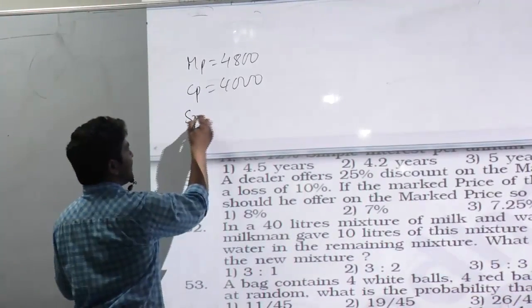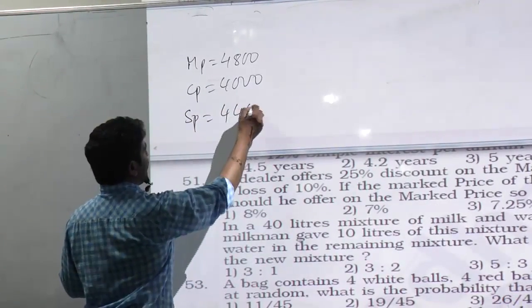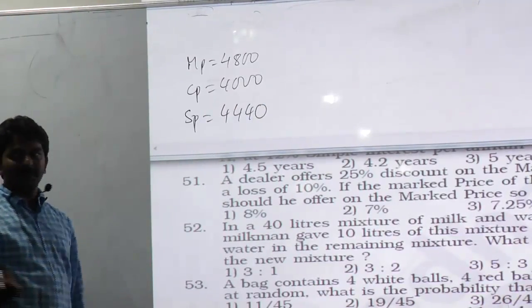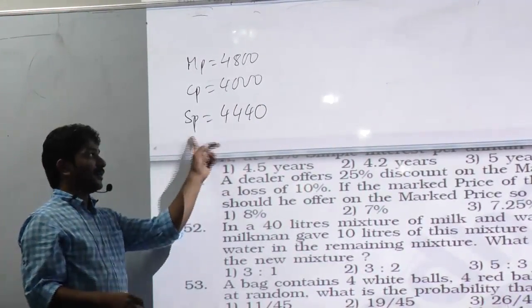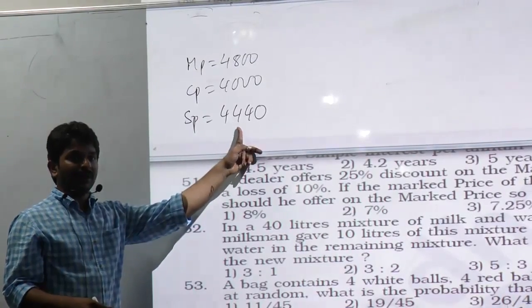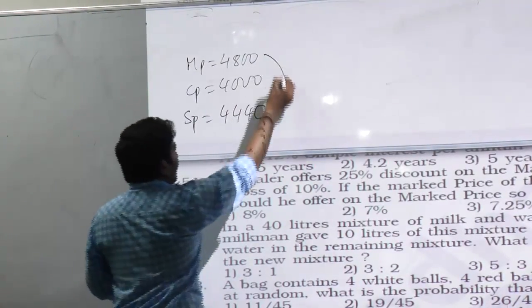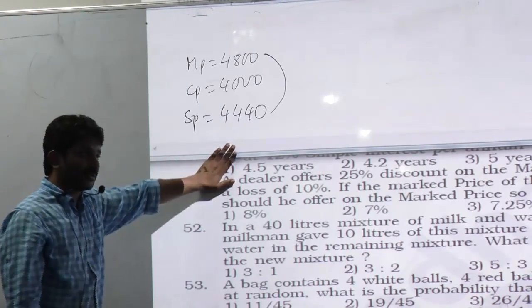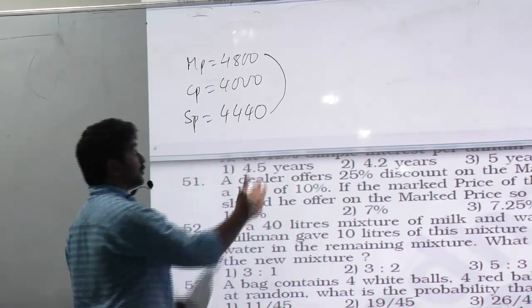So what should be the selling price now? 4,440, because cost price is 4,000 and he is expecting 440 rupees profit. So now he should sell it for 4,440. Now if the market price is 4,800 and selling price is 4,440, what should be the discount here?